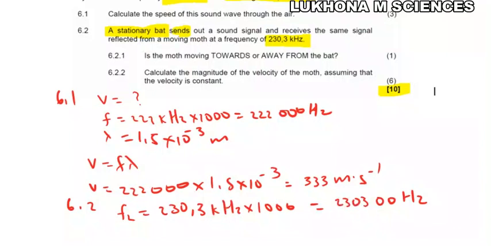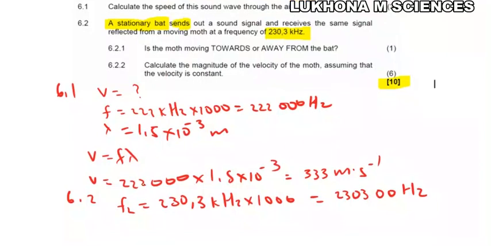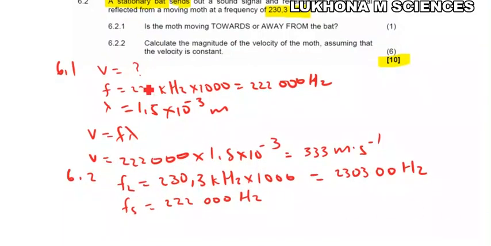Now the question says, remember the sound emitted, which is fs, was 222,000 hertz. Then the bat receives this one.